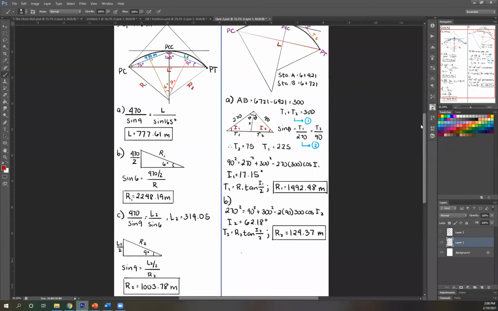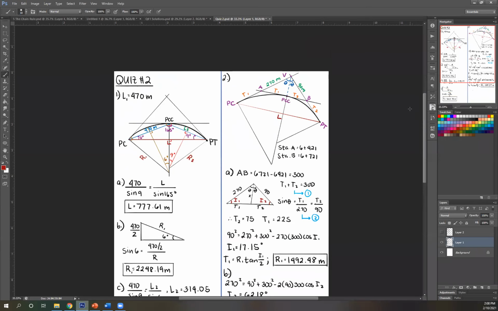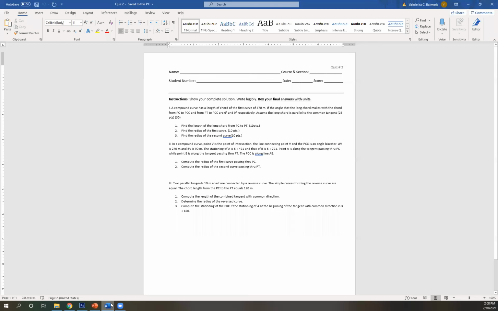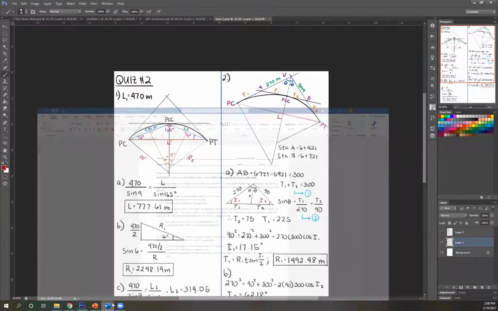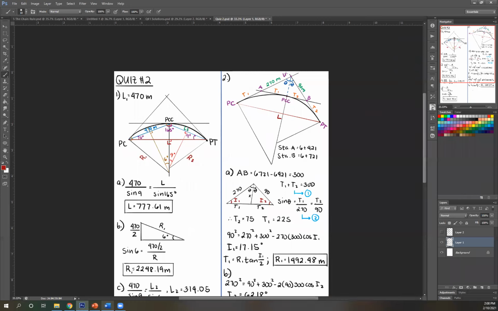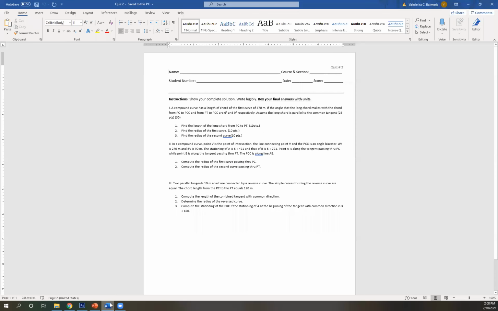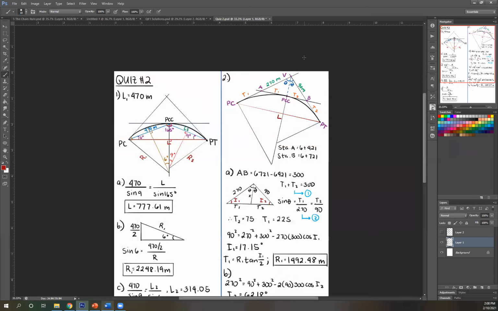So first, let's draw that. What does that look like? Again, let's do it sentence by sentence. In the compound curve, V is your point of intersection. The line connecting V and PCC is an angle bisector. So let's draw an angle. This is your V, the point of intersection. This is your PCC angle bisector, meaning it separates your angle into two equal parts. Theta equals theta. Next, AV is 270. So we have a point A to V, that's your 270.